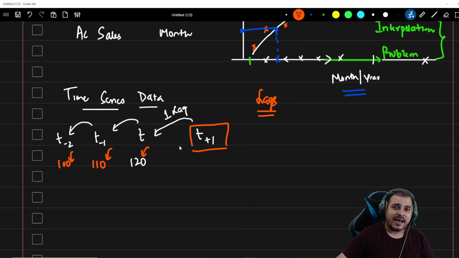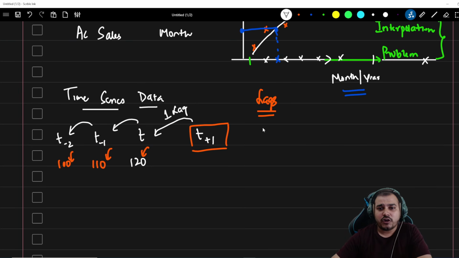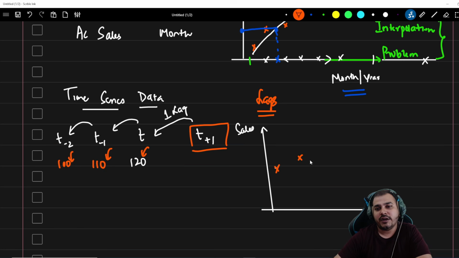Suppose I have a specific timestamp, and with respect to this particular timestamp, this is my sales data. Let me just draw the graph again. My sales will have different points. Let's say I have this point, this point, this point, this point, this point, this point. Now if I join all of these, it'll look something like this.